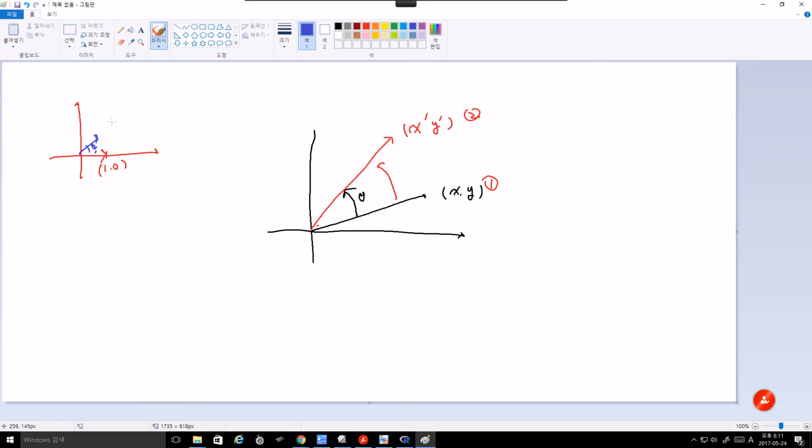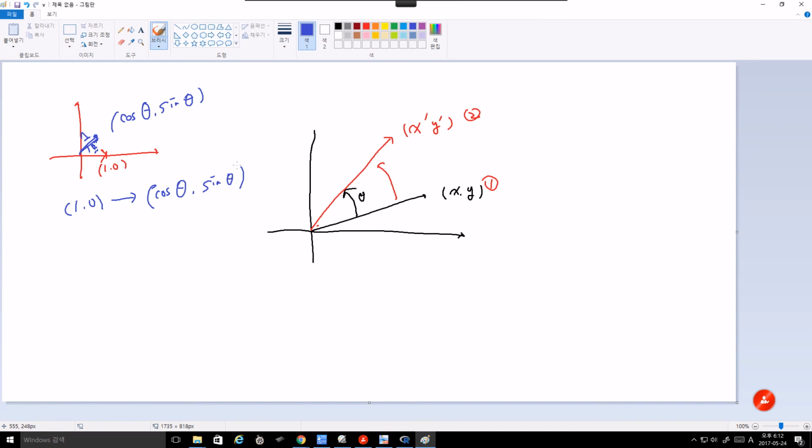Because the length of this is 1, the x coordinate of this point is cosine theta. And the height of this point, because the length is 1, is sine theta. So if we do the rotation of (1, 0), it becomes (cosine theta, sine theta).